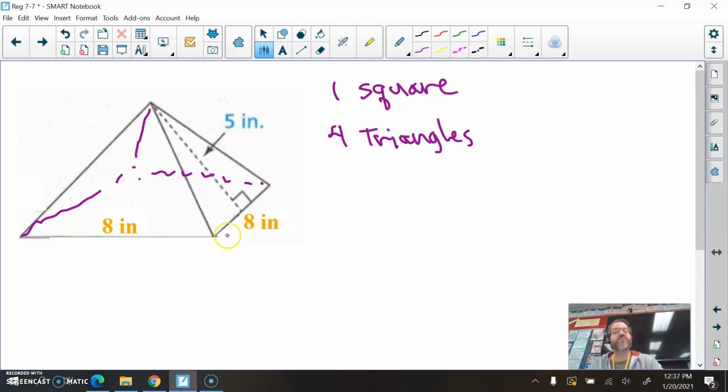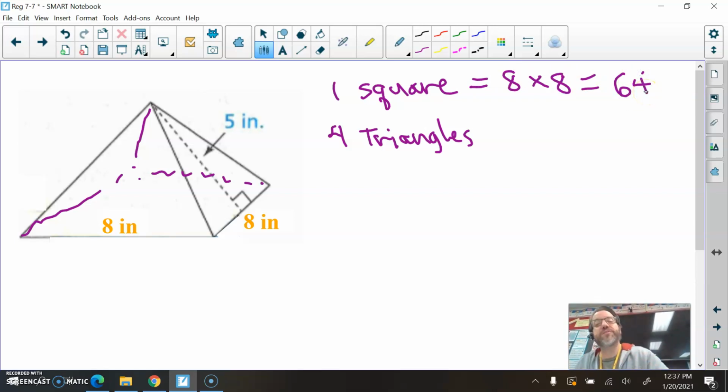They all have a base of 8 and a height of 5. This has a base of 8 and a height of 5 also, and that side also. All right, so to find the area of that one square, we can just take length times width, 8 times 8, which is 64. That's pretty easy, right?